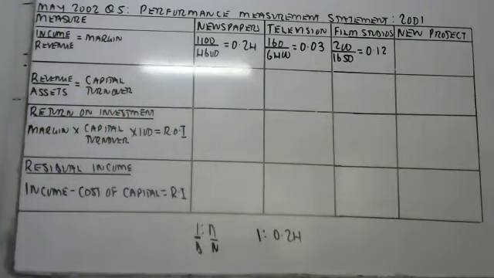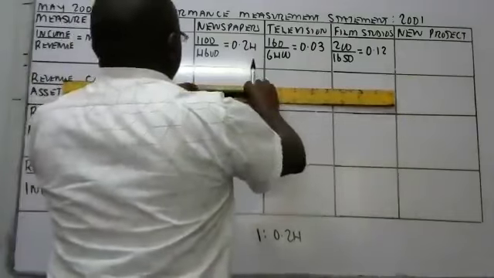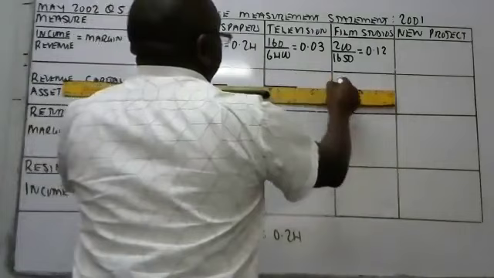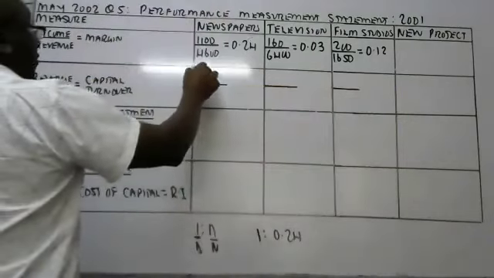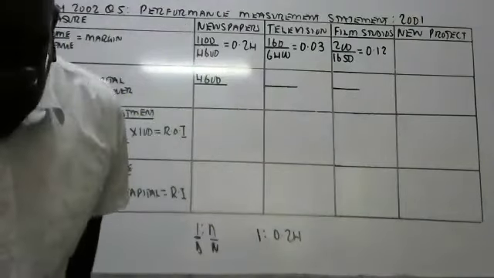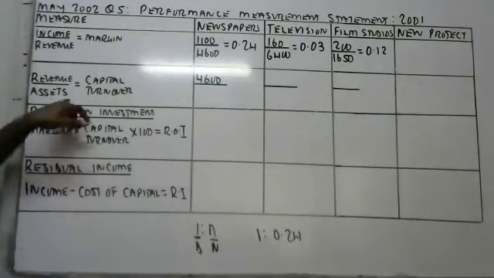Let's go to turnover. We do the same. So for turnover, you take the revenue, 4,600. The assets: again, when you see the word assets, it is the other word for capital.